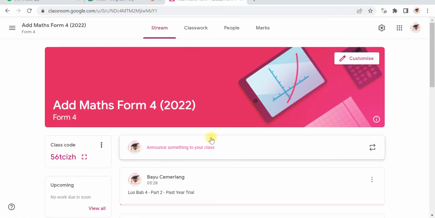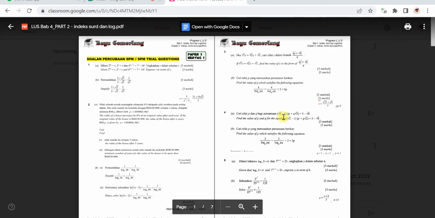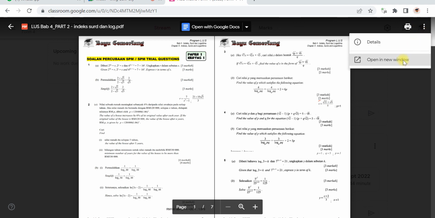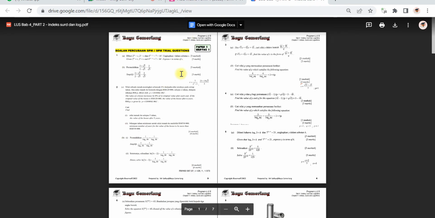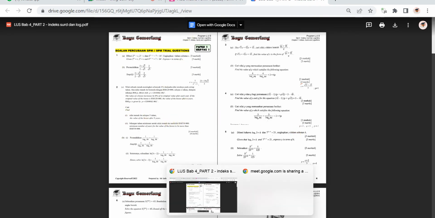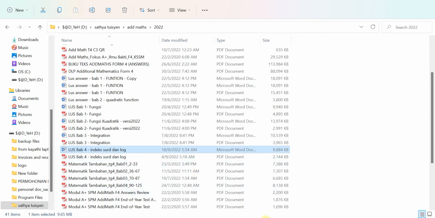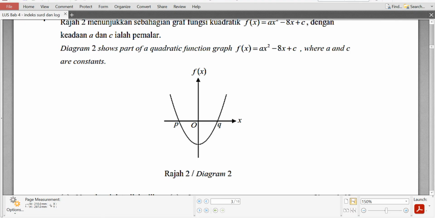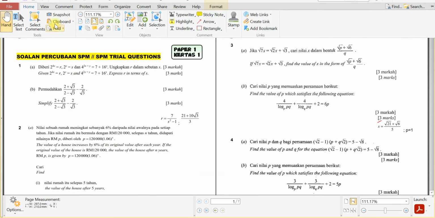Once again, let me check. Okay, it is properly posted in the Google Classroom, but not on my computer. Anyway, I will download it first. One minute. Now no time to adjust this and that. Okay, let me see. Okay, right.